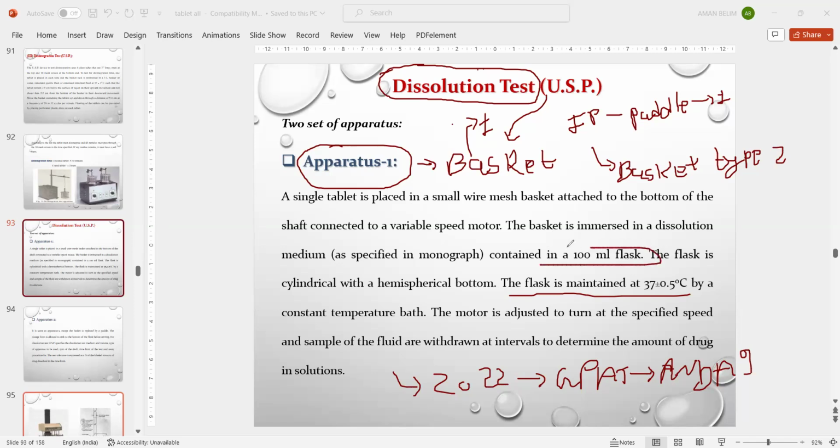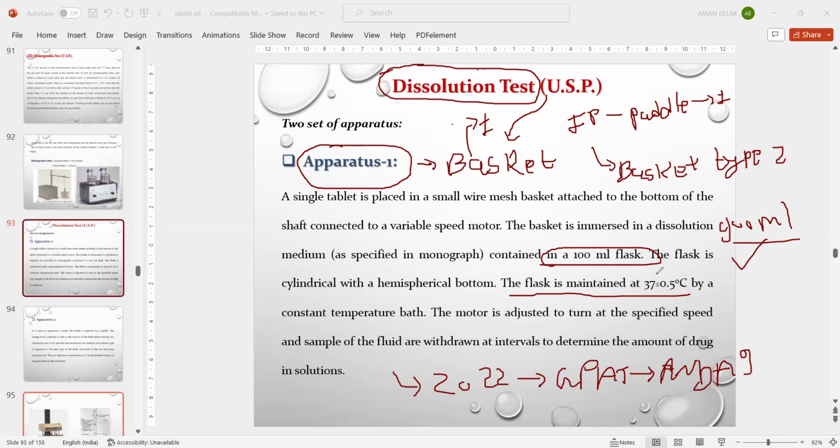Generally it contains a 100 ml flask also, and one more is the 900 ml. Different volumes are present, but generally the 900 ml one is most widely used, because the overall content of our GI, the stomach, is around 900 ml to 1 liter. So that's why we are using 900 ml.